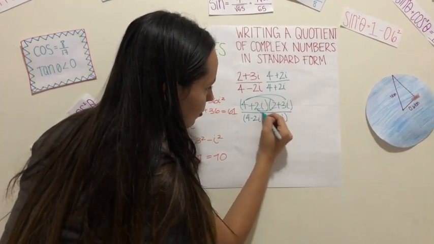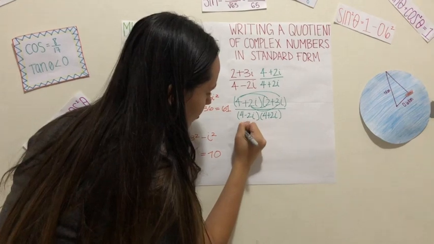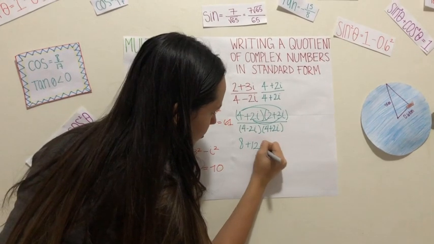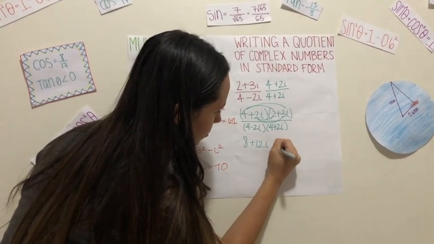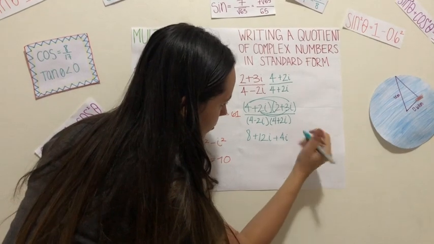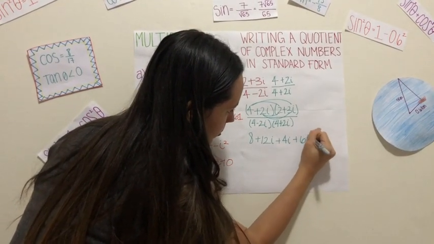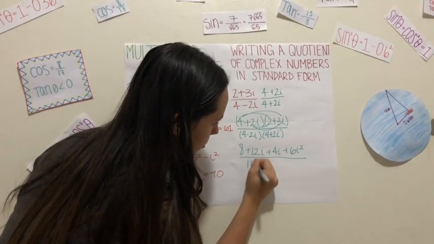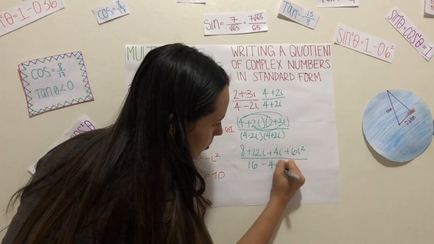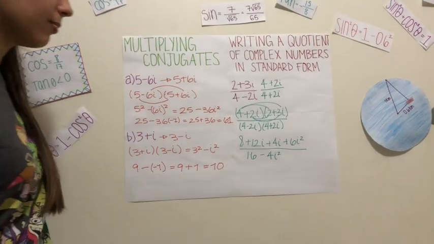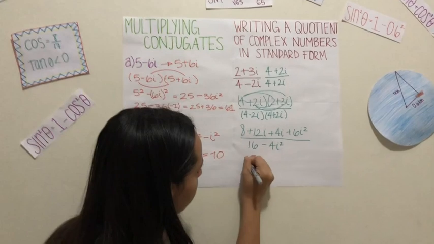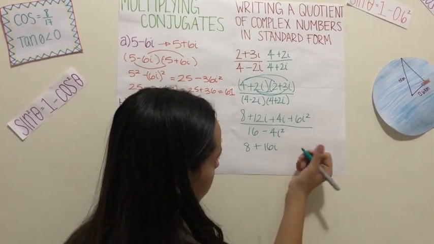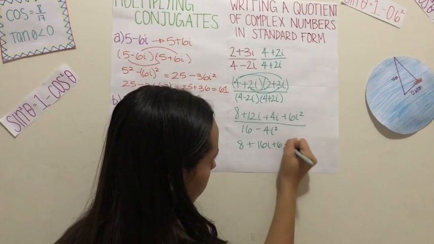The next step would be to open parentheses by using FOIL. So now you combine like terms, and you remember that the i squared will become a negative 1.